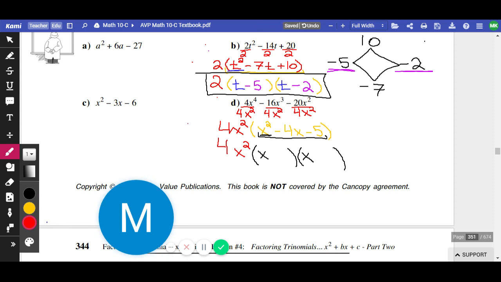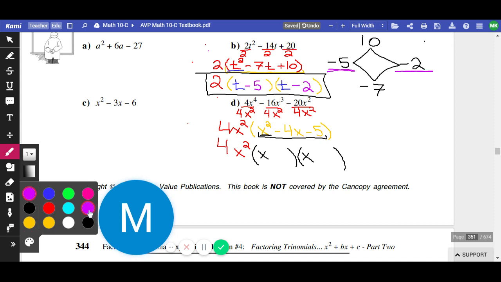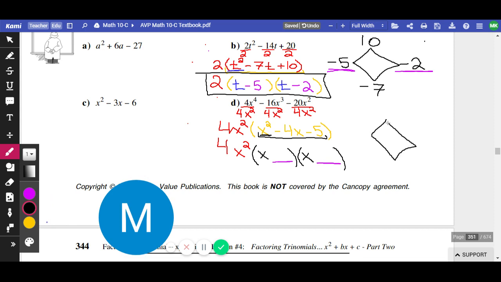So the 4x squared is still the first thing. The sides of the binomials come from the sides of your diamond. When I build my diamond, -5 on the top, -4 on the bottom, right? A times C on the top, 1 times -5, and -4 on the bottom.